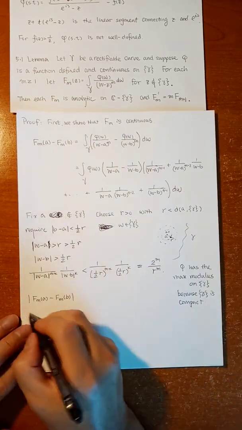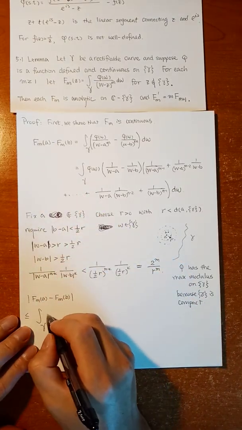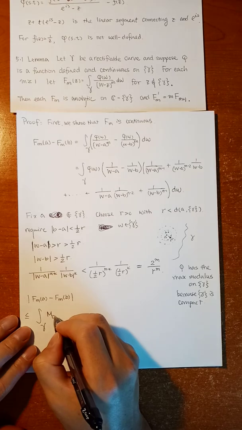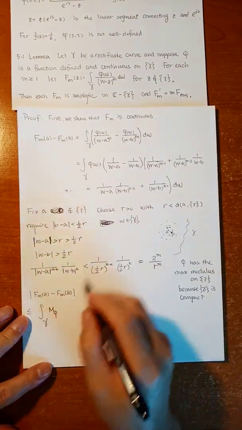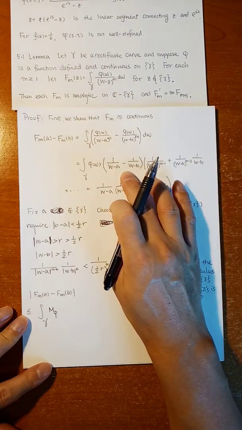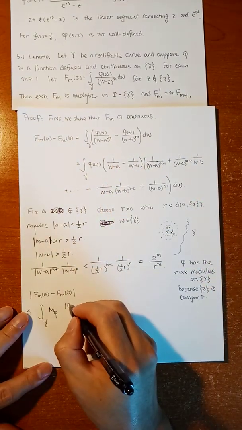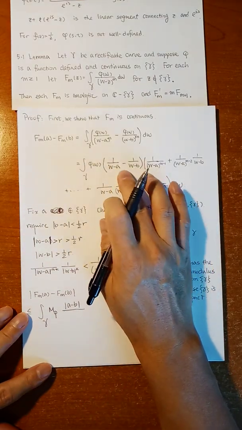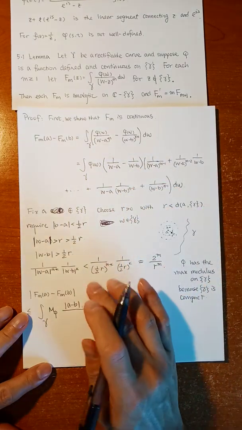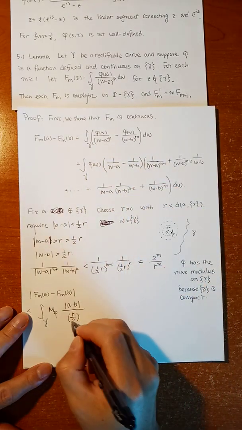So it's less than or equal to the integral of M_phi, the maximum modulus of phi on gamma, times |a − b| over |w − a| times |w − b|, which is bounded by 2 over r squared.